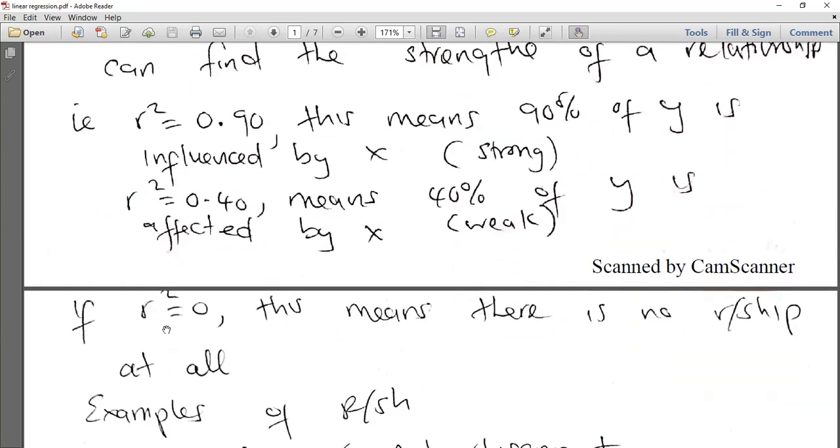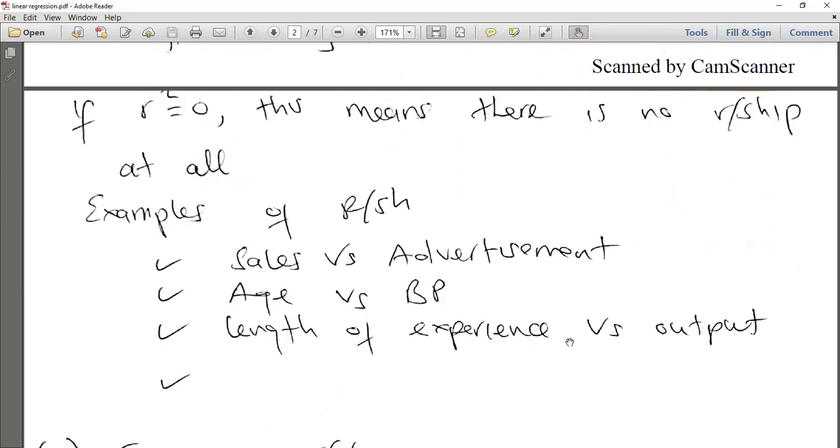If your R squared is 0, it means that there is no relationship at all. So the relationships that emanate from this are relationships like sales and advertisements, age and BP, work experience and output. So these relationships exist that we can measure to ascertain whether there is a relationship at all.